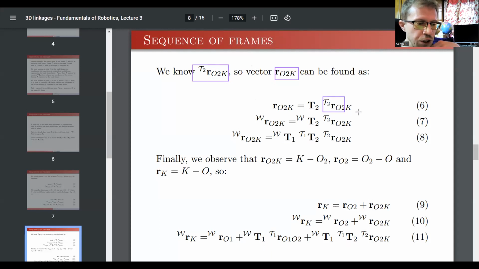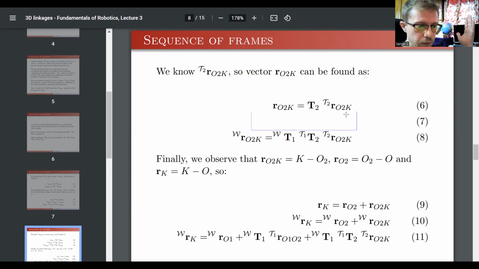First we use these coordinates to get a coordinate-free representation using T2. That is the basis in which it is expressed. Now we express this whole thing in the world frame.